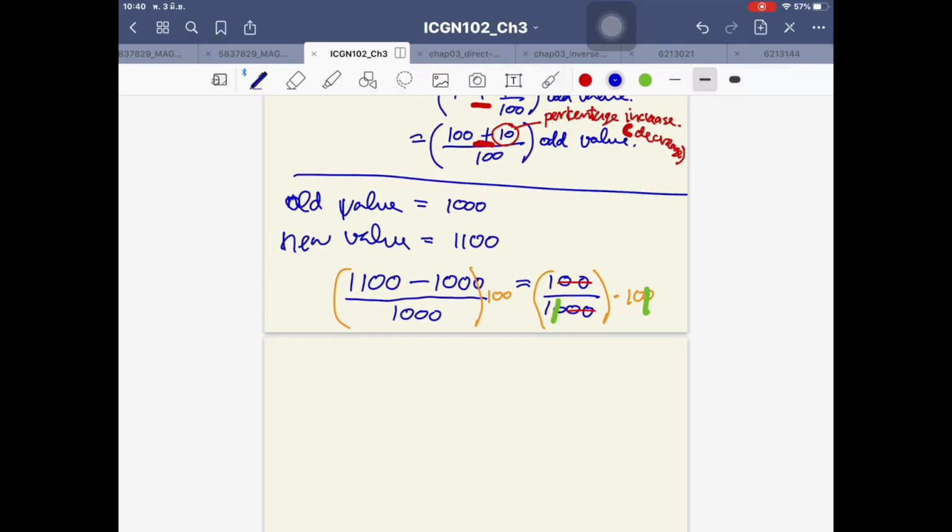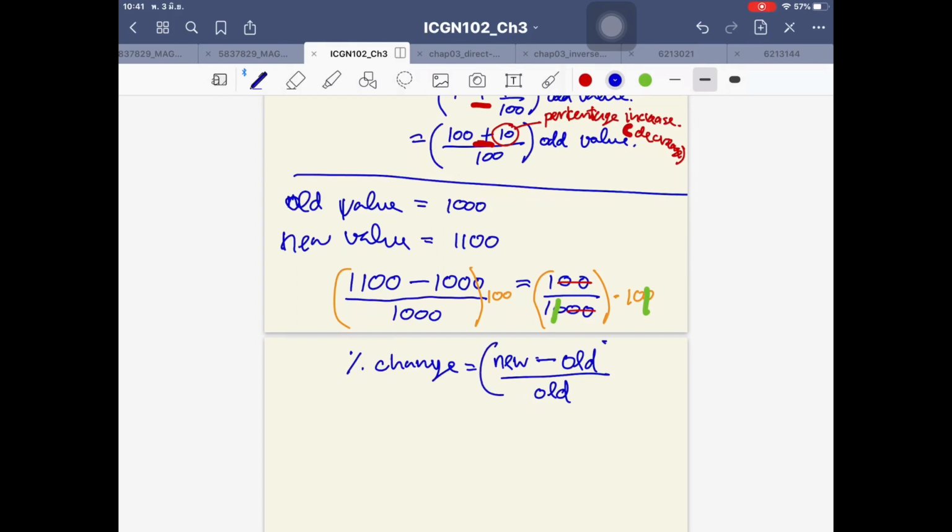All right, the percentage change is equal to the new value minus the old value, new minus old, and then you need to compare to the old value.